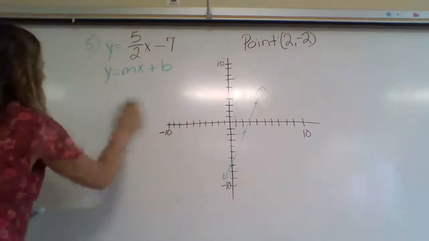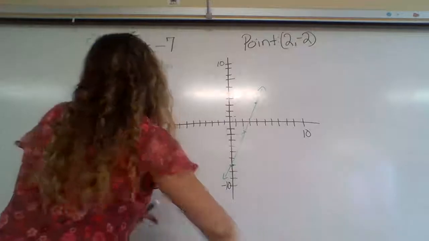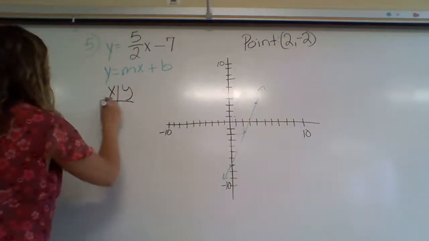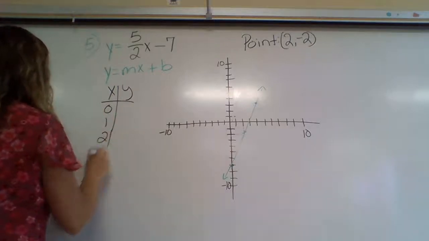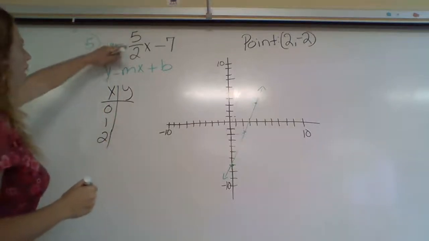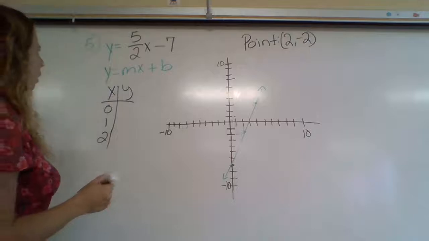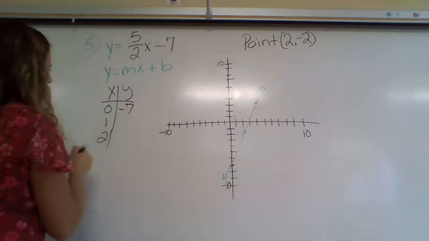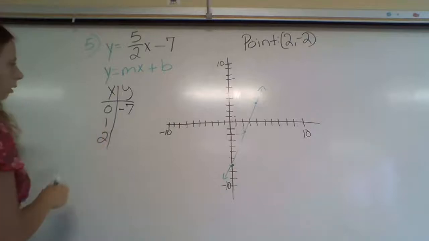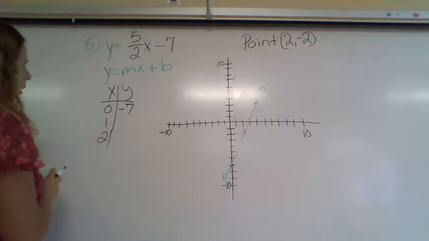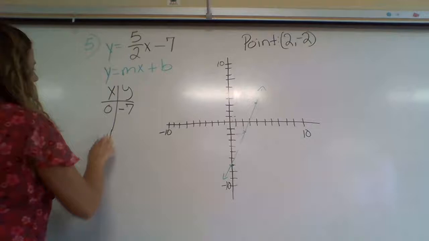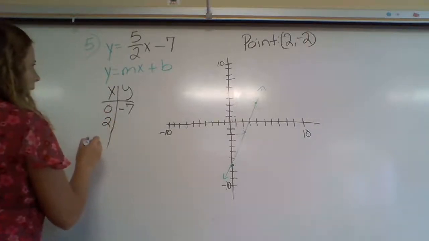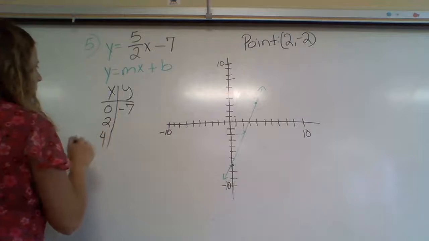You could also make a table. X, y, 0, 1, 2. When x is 0, 5 over 2 times 0 is still just 0, minus 7. Oh, look, that's our y-intercept. We already knew that. I don't want to do 1. Let's do 2 and 4.